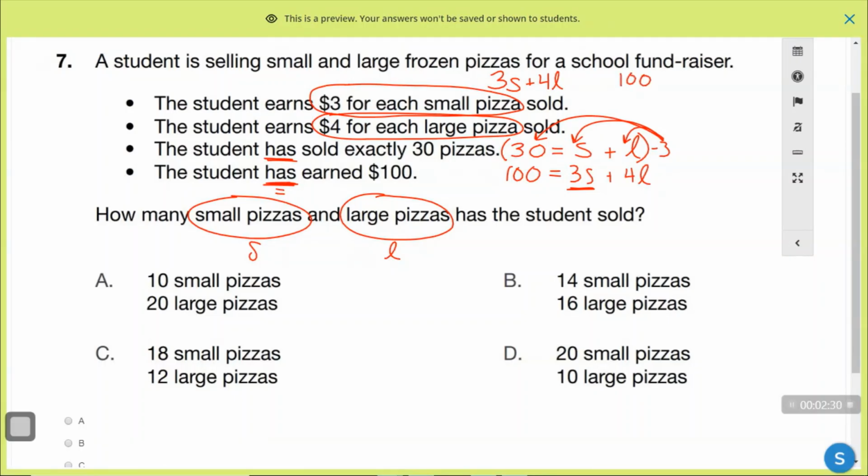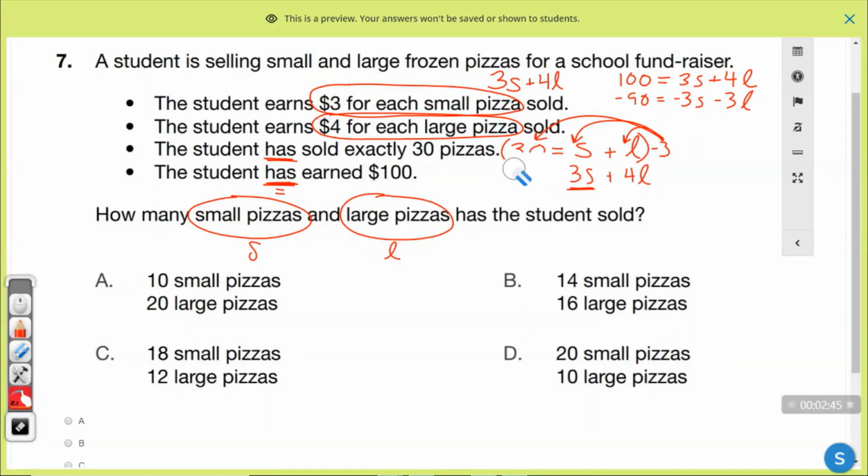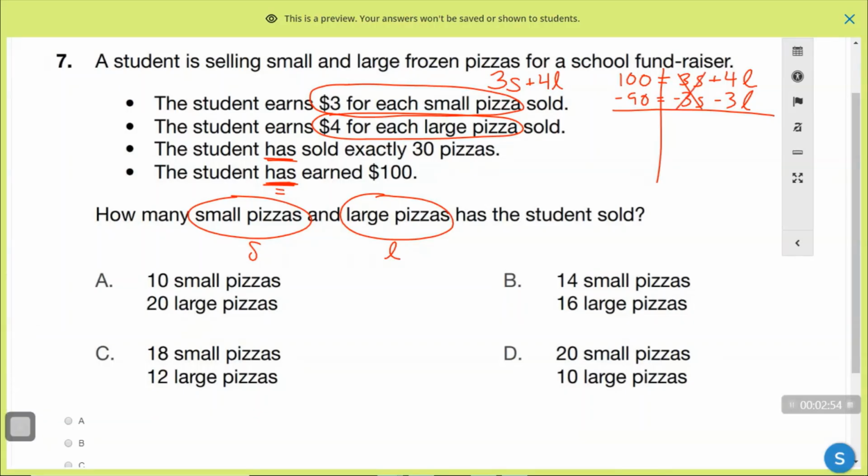I'm going to put my original equation, 100 equals 3S plus 4L. And underneath of that, I'm going to get -90 equals -3S and -3L. And I'm going to erase to make some room here. And now that I have one term the exact opposite, I can line up my equal signs and I can add these to eliminate my S's.